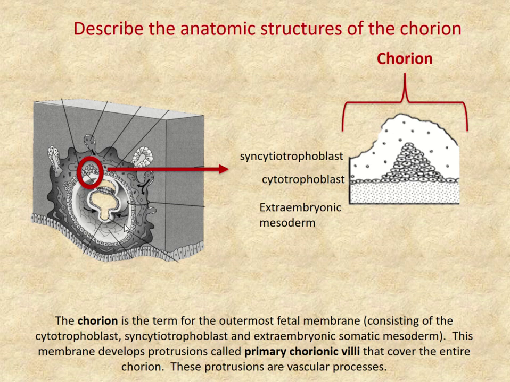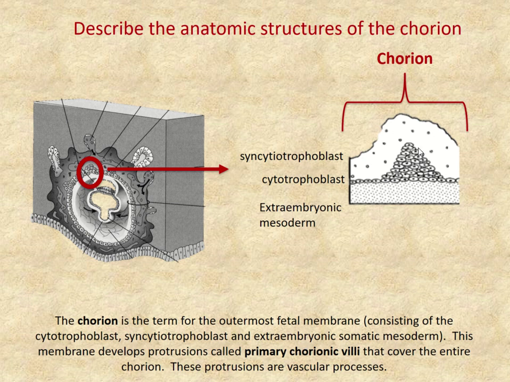And then under that, there was a layer of extraembryonic mesoderm, and the one that lines this cavity here is called the somatic, but that's not really something you have to worry about, I just thought I would throw that in there. The little bit of mesoderm that's around the umbilical vesicle is called the extraembryonic splanchnic mesoderm.